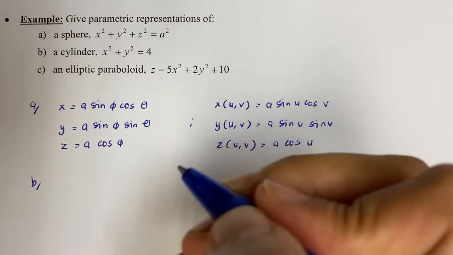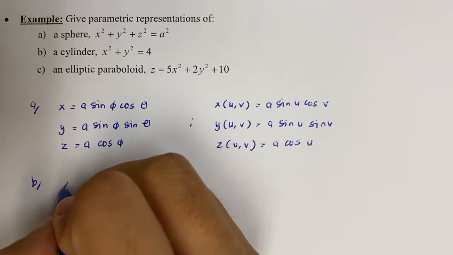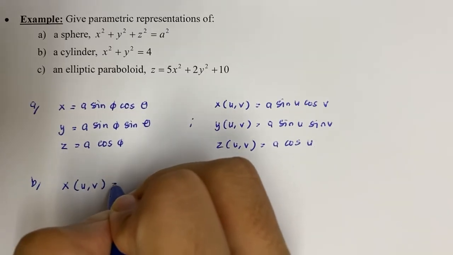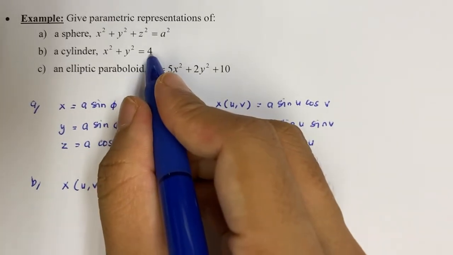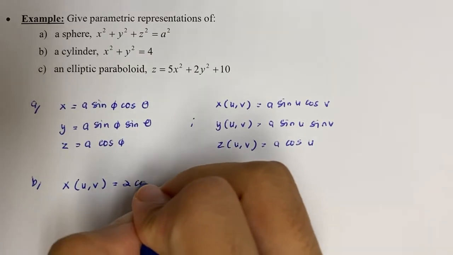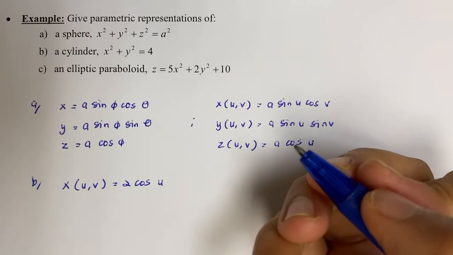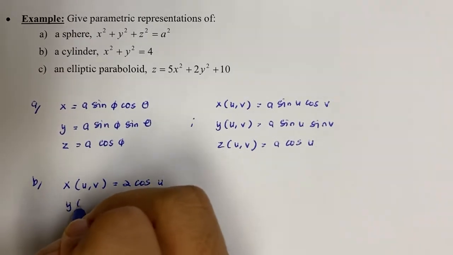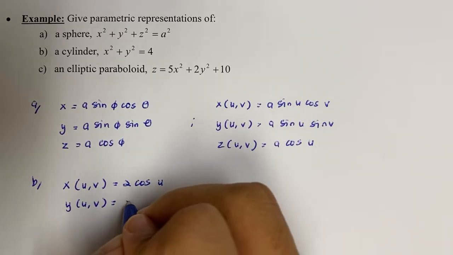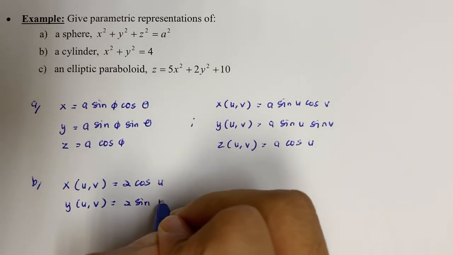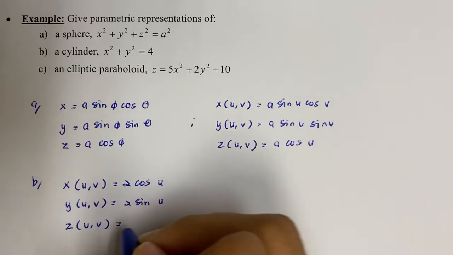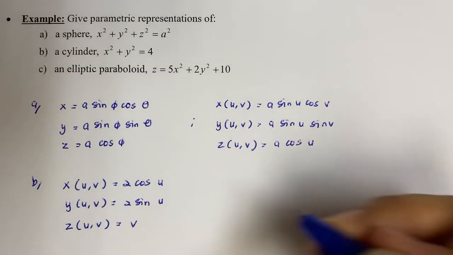B, for a cylinder. If we want to write x(u,v), since r is 2, we have 2 cos u. y(u,v) is equal to 2 sin u, and z(u,v) is equal to v.